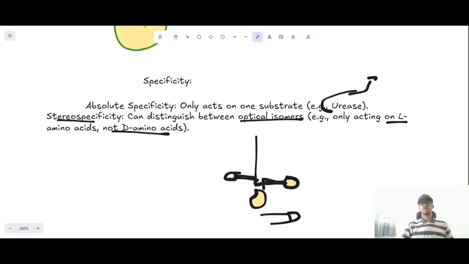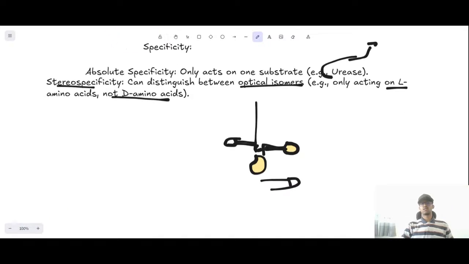But I believe it's different for carbohydrates. I will check it out.